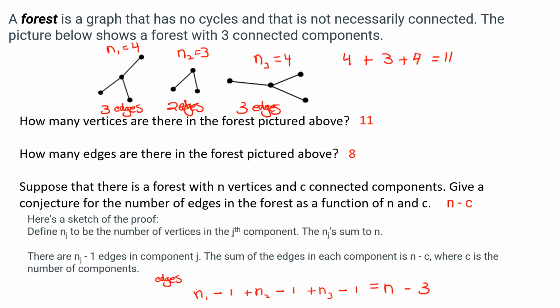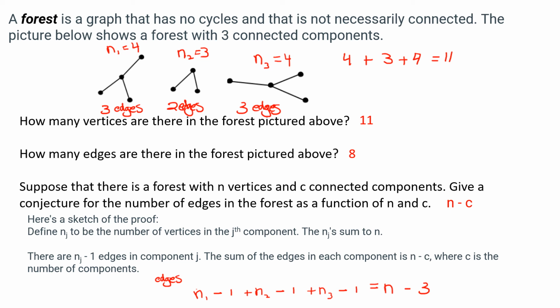And so I've already kind of gone over the proof there, but here it is up here on the screen. So it just says, let's say that we've got all these individual n's that add up together to give us the n. We've got n sub 1 for the first tree, n sub 2, and so on all the way. Add all those together, we get the n. But then for the individual components, there's going to be n sub j, depending on what j is, it might be the first tree, second tree, whatever, minus 1 edges.